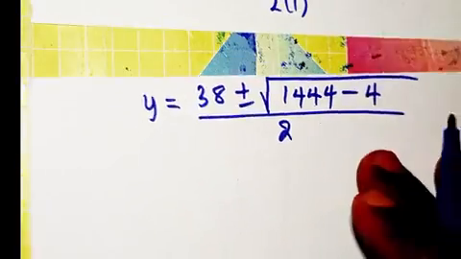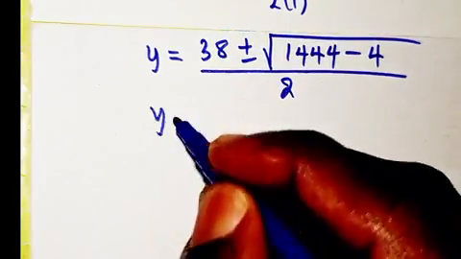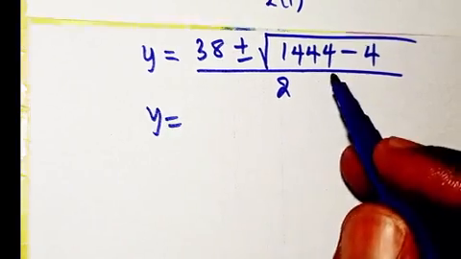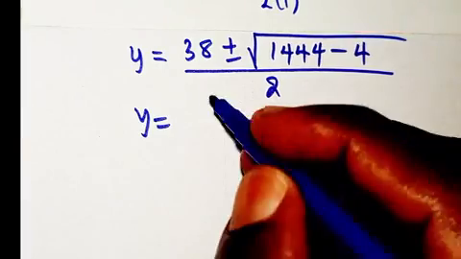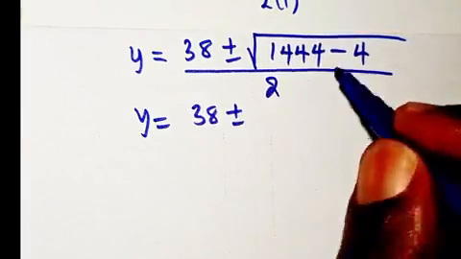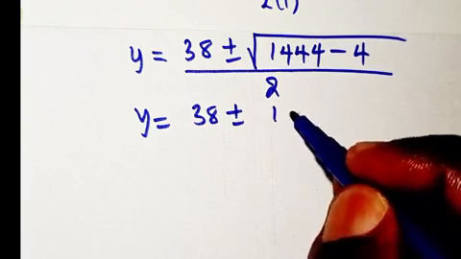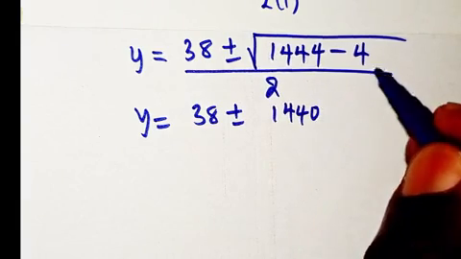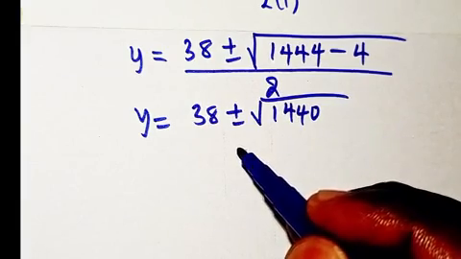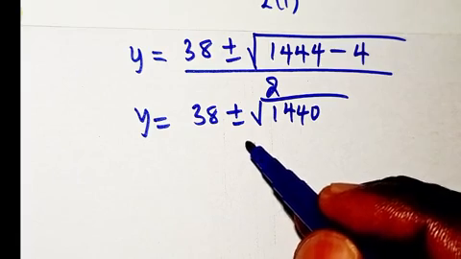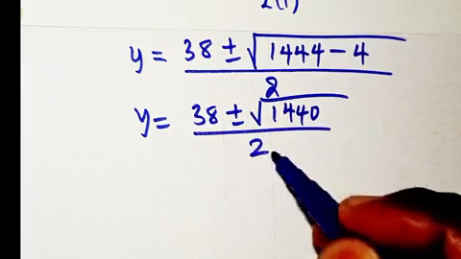So we're going to have y equals 38 plus or minus the square root of 1440, when you take away 4 from here, then you have this divided by 2.